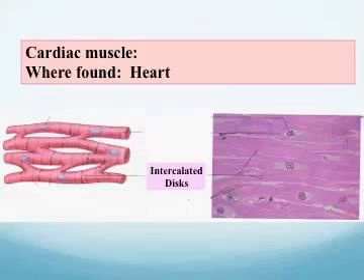The branching and the intercalated discs allow heart muscle to work more as a unit. An analogy, a picture image. Picture a team that rows, R-O-W-S, rows. They have to use the oars. They row in unison, otherwise they don't move as fast and efficiently.